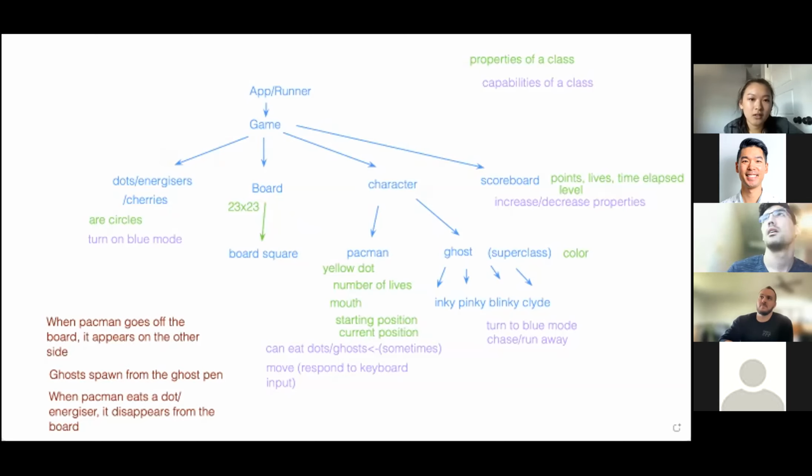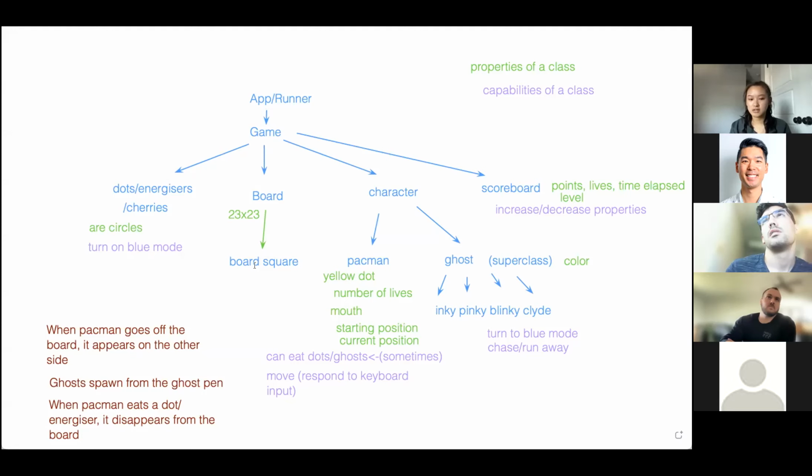So I think I have each of my board squares hold an array of collidables, and my collidables are dots, energizers, and ghosts, things that Pac-Man can eat, essentially. So yeah, that was a good point that you brought up, Don. Thanks. The whole idea is for us to not necessarily get it right, but think about it, right? Mm-hmm.